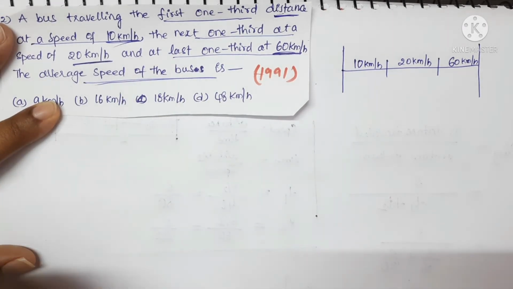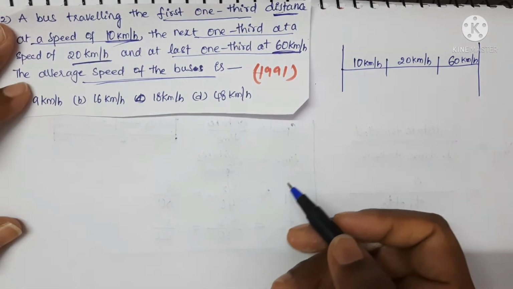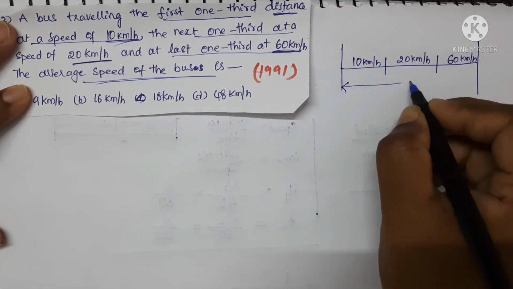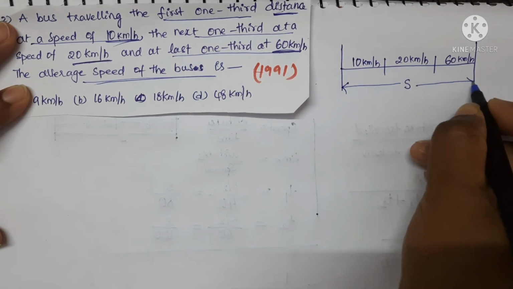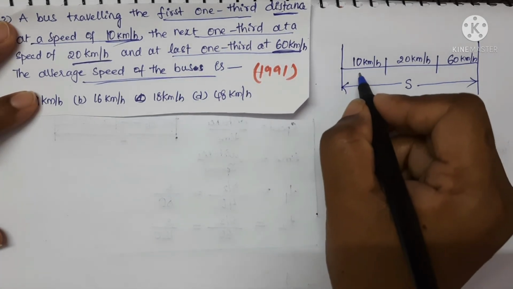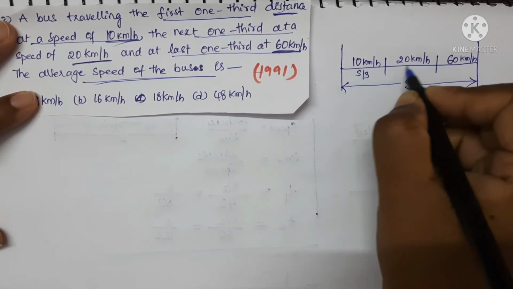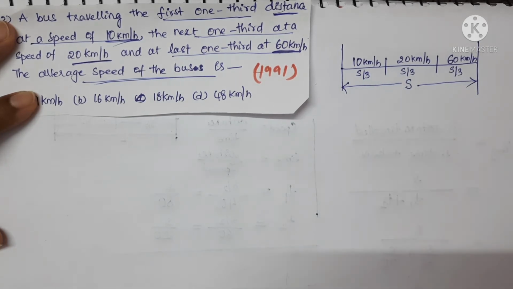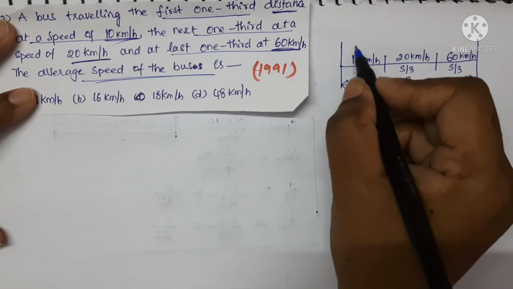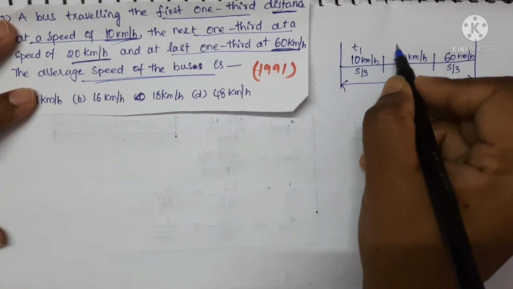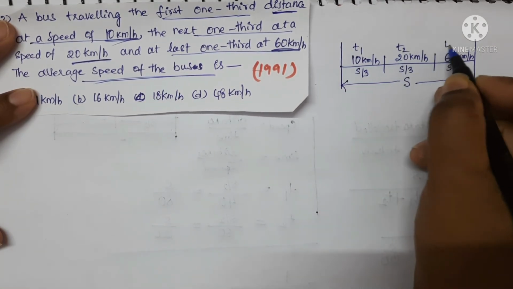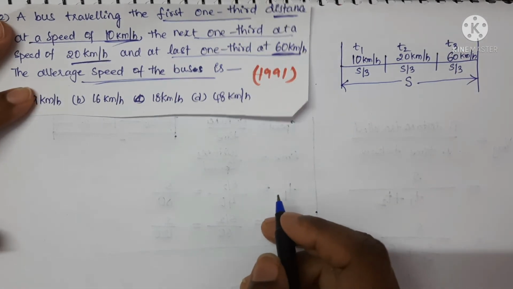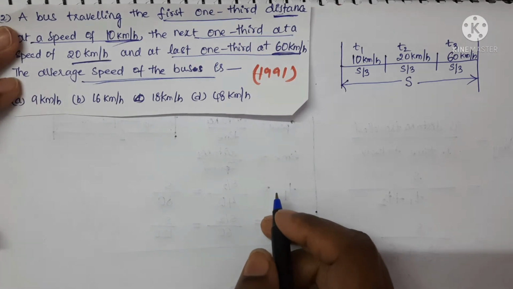Average speed of the bus is... So we have to find the average speed. Now the total distance travelled by the bus is, let it be S. For first 1/3 it is S by 3 and second S by 3 and for third is S by 3. Let it be the time for first 1/3 T1, second 1/3 T2 and the third is T3 respectively. Now we have to find the average speed.